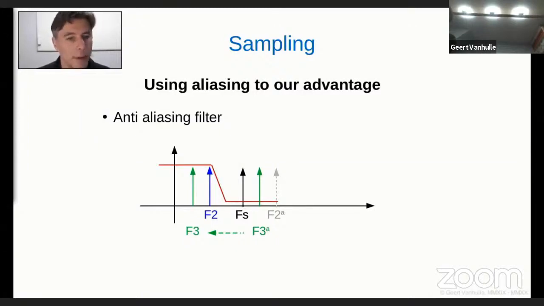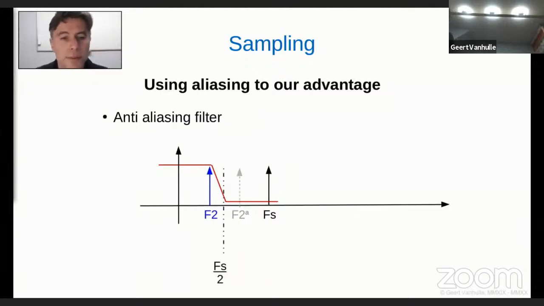Now, if we would have another frequency that is above the sampling frequency, for example, f3 alpha, we would perceive it as the same thing as a frequency f3. So if we have the low frequency f3 or the f3 alpha frequency, after sampling, it would appear as the same frequency. So what we see is that as these frequencies that are higher than the sampling rate shift towards our sample frequency, they appear as a frequency closer to 0. So we have some kind of a linear mirroring of the frequencies above the sampling rate downward towards 0.